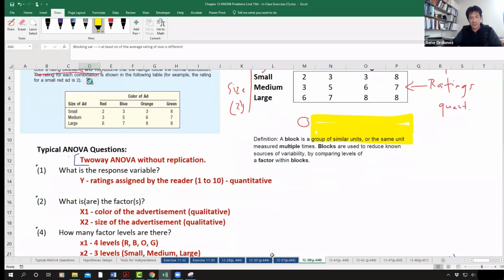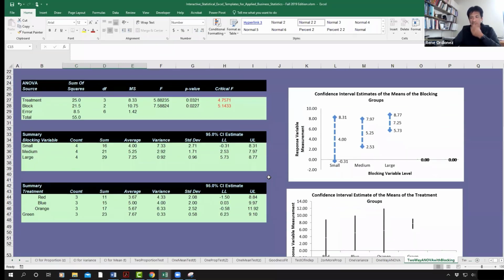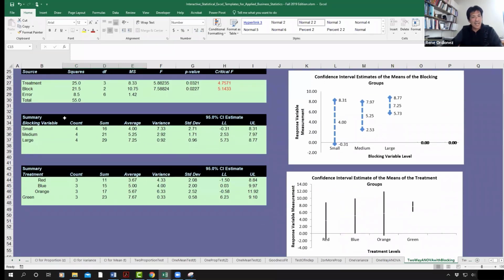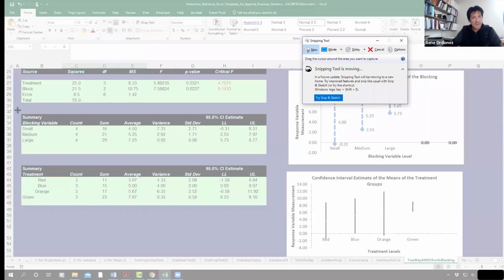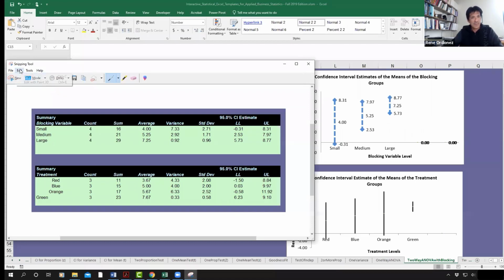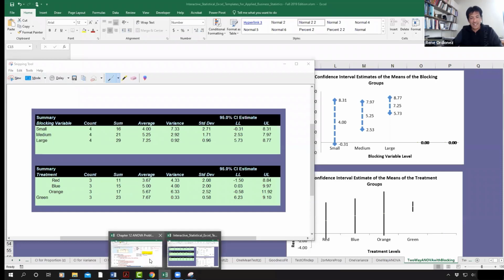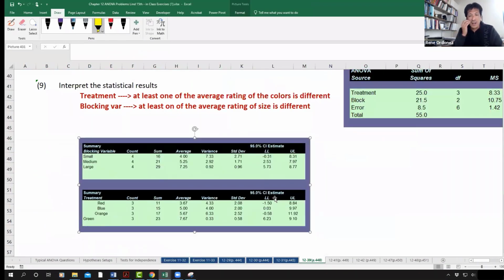So let's go back to the output here. And you can look at the summary statistics here, which also gives us the confidence intervals.